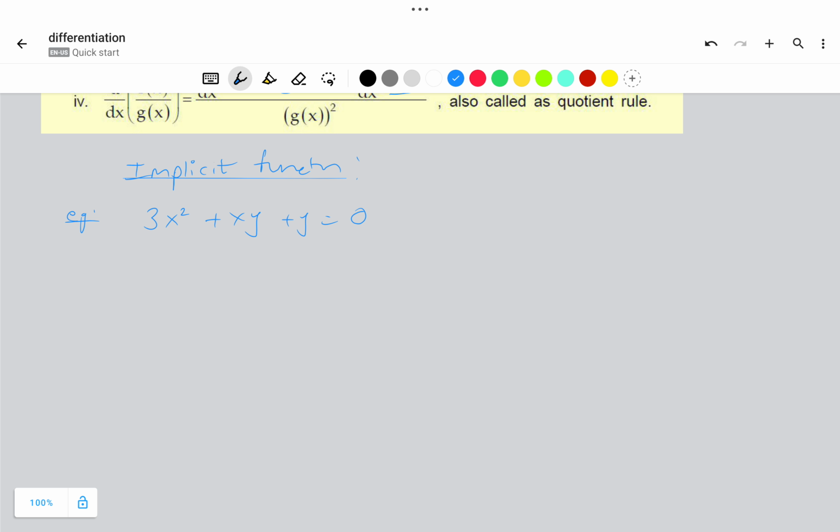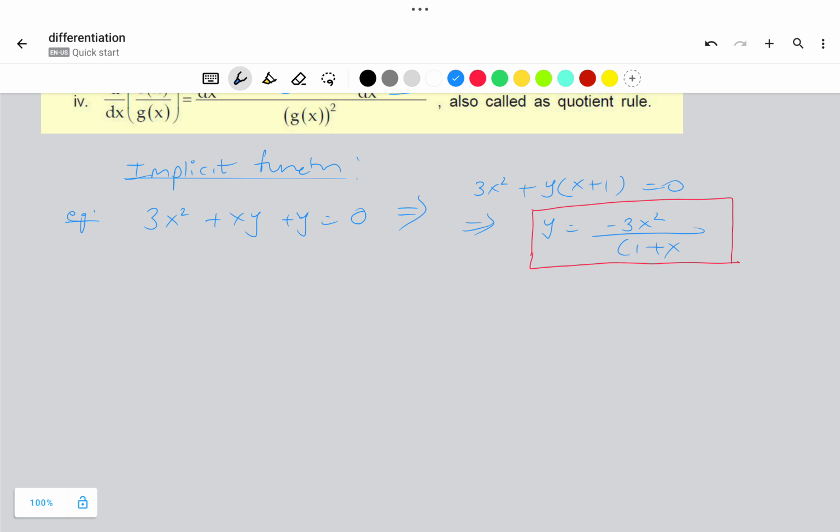This function can be written explicitly either in terms of x or in terms of y. Considering the simplicity, we will write y in terms of x. So it would be 3x square, and from the second term we pull y common, then x plus 1 equal to 0, which implies y equals minus 3x square upon 1 plus x. So here we have written the entire y in terms of x.